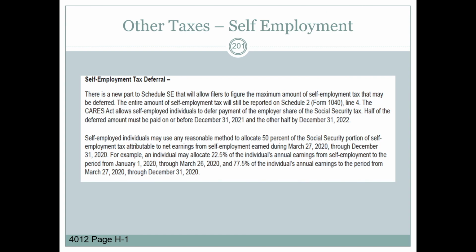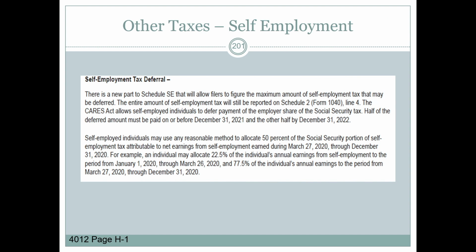Self-employed individuals may use any reasonable method to allocate 50% of the Social Security portion of self-employment tax attributable to net earnings from self-employment earned during March 27th, 2020 through December 31st, 2020.